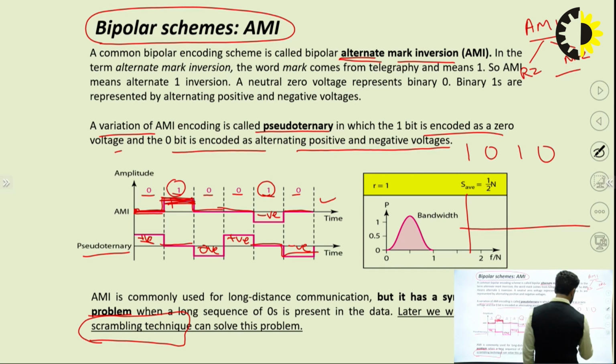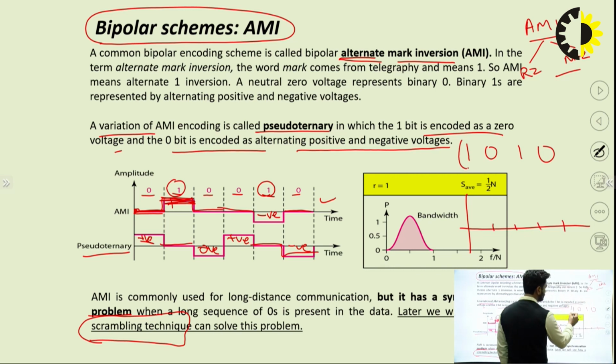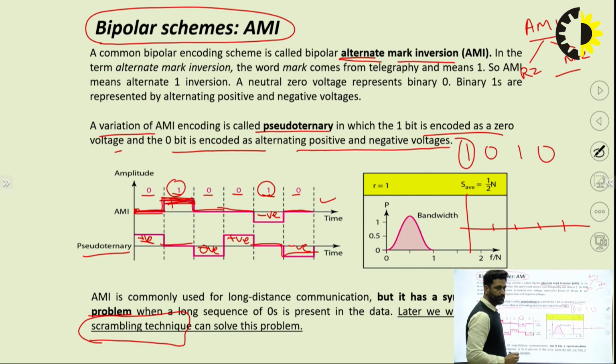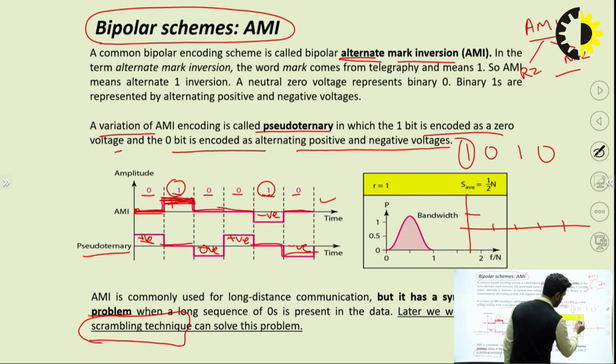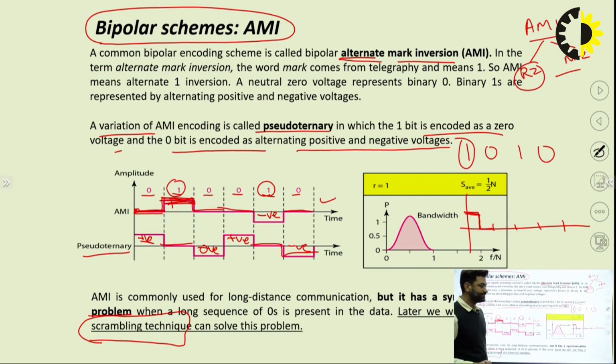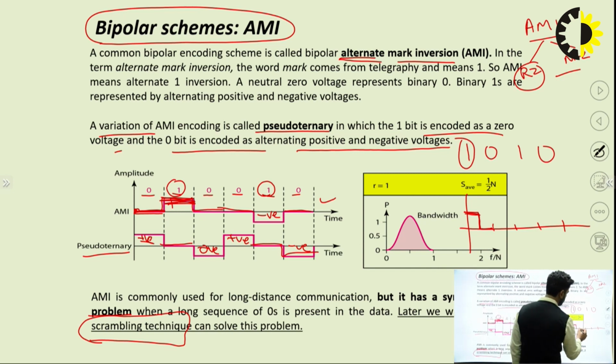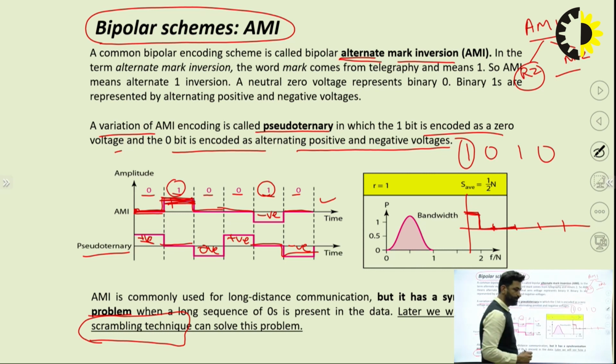Now first we divide this into 4 parts. The first bit is 1, and we are doing the AMI RZ. 1 will be represented as a 1 voltage, but due to RZ it will return to 0. It will show a value of 1 for half the bit duration. The next bit is 0, represented as a 0 voltage, same as in the RZ case.